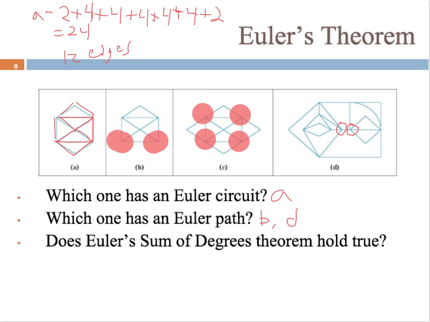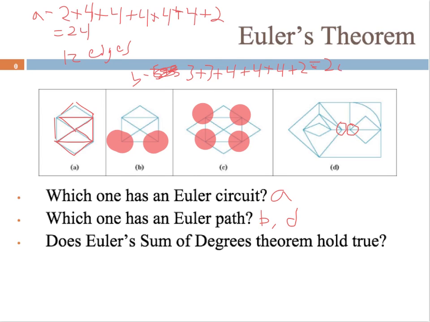Let's look at that for B really quick. B has degree 5 plus, so 1, 2, 3, 4. Sorry, that's not 5 and 5. Let's look at the bottom. 3 plus 3 plus in the very center is 4 plus 4 on each side, and then on the top plus 2.